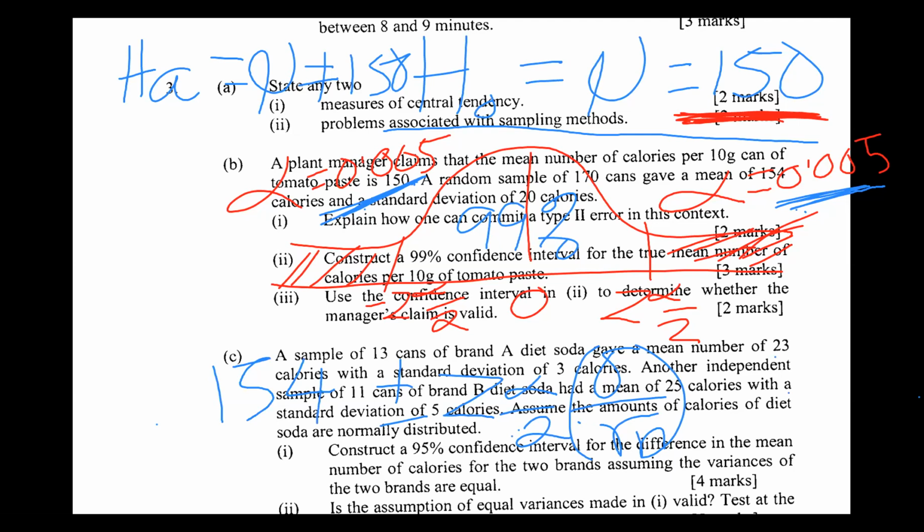Before we find the critical value, because we find it from the table, let's put the standard deviation. What is our standard deviation? It is given in the question. It's 20, right? And the square root of the sample size. And our sample size is what? 170, right?